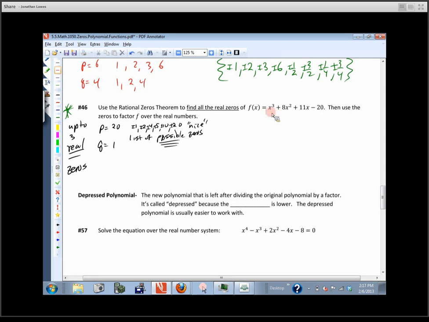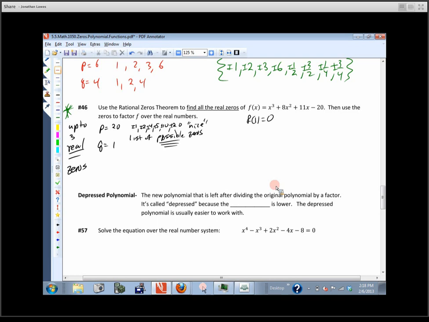So watch what happens. If I plug in a positive 1, 1, 8, 11, what do those add up to? Subtract 20, what do you get? Is it a factor? Yes, it is. Here's why plugging it in and finding out, hey, yeah, that's a factor, doesn't really do us a lot of good because we have to go through and divide anyway.